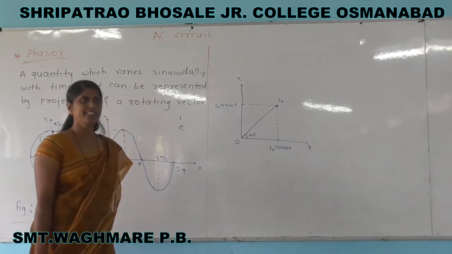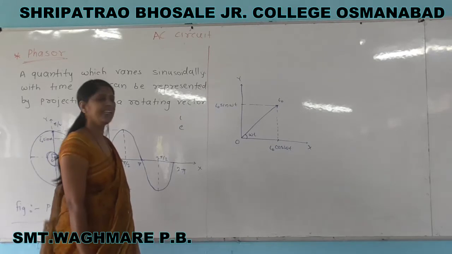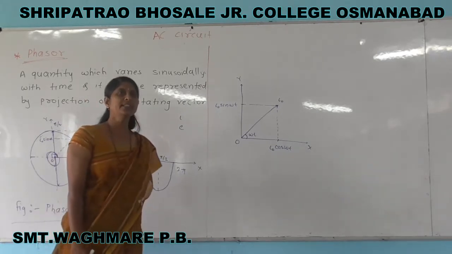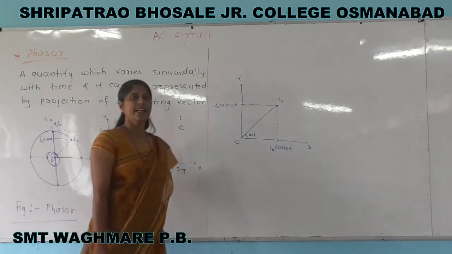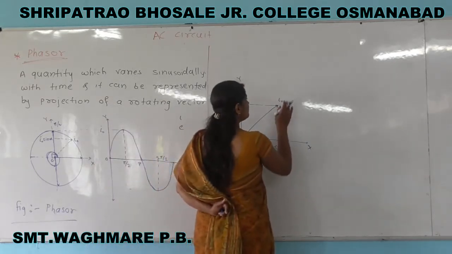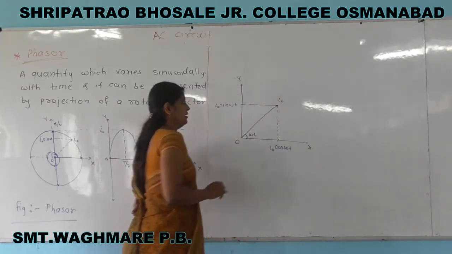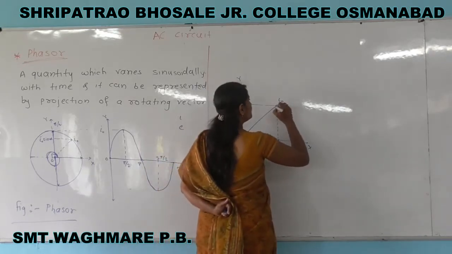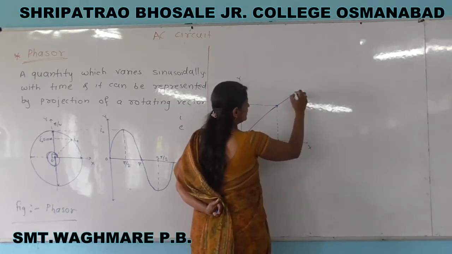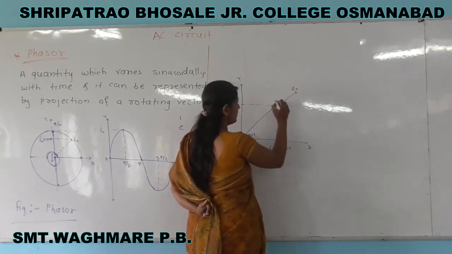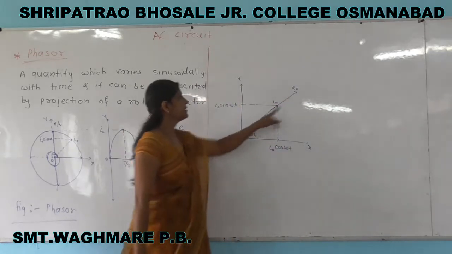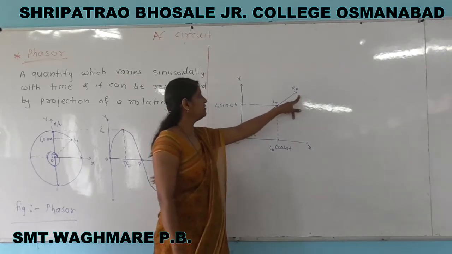If there is no phase difference between the current and EMF, then we can draw a figure here in the same way. This will be the peak value of EMF, and this is the peak value of current. This vector indicates the peak value of EMF.